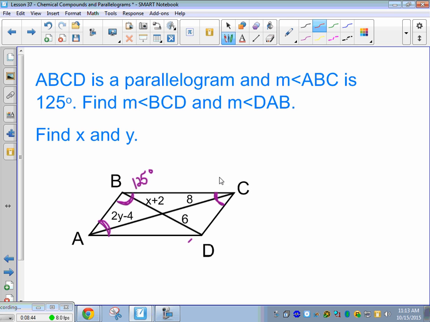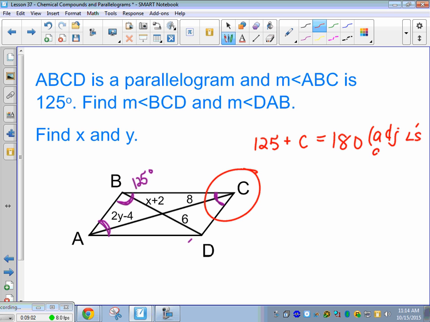Raise your hand if you can tell me how to find angle C right here, or write an equation or whatever to start. Liv? Very good. All right, how do we know this? You have to write this down. Adjacent angles add to 180.